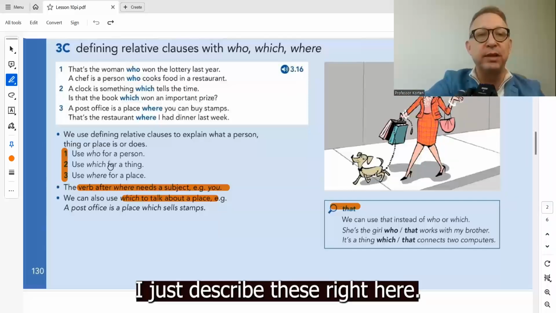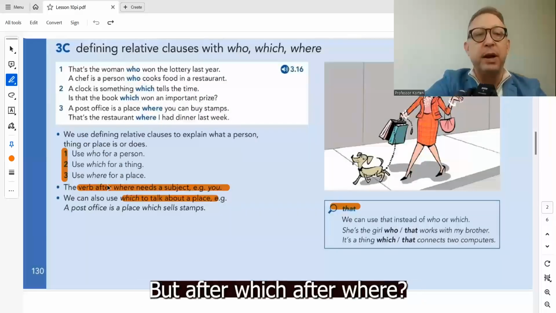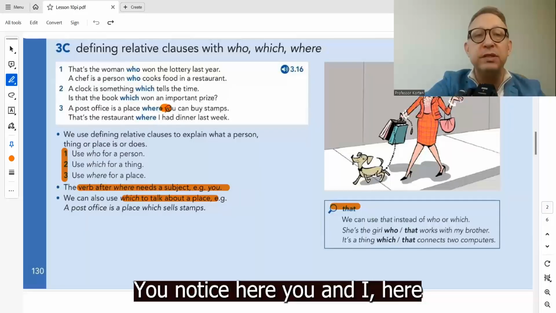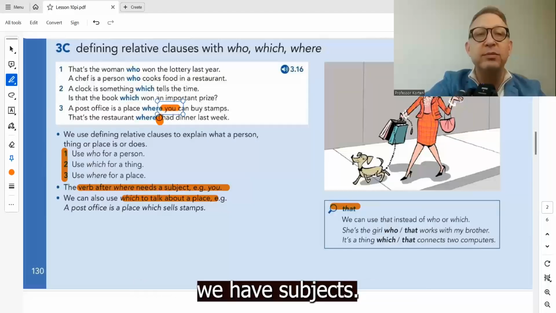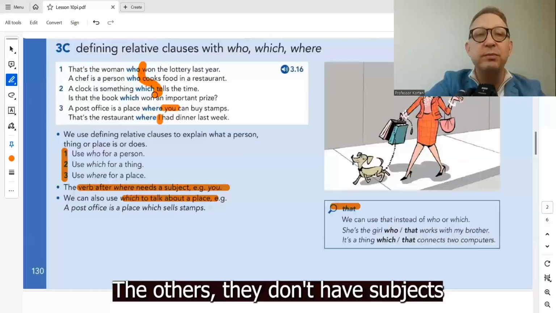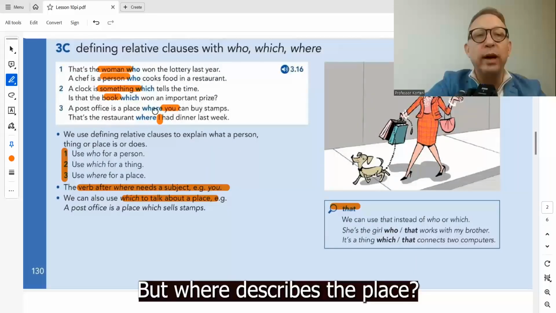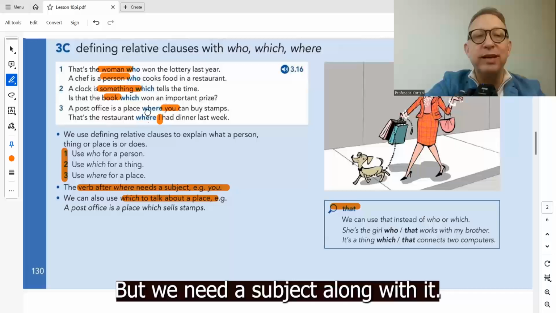The verb after where needs a subject. You notice here, you and I, we have subjects. The others don't have subjects because this is the subject. But where describes the place, and we need a subject along with it.